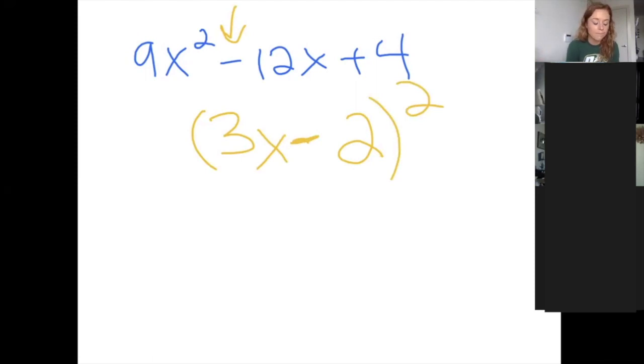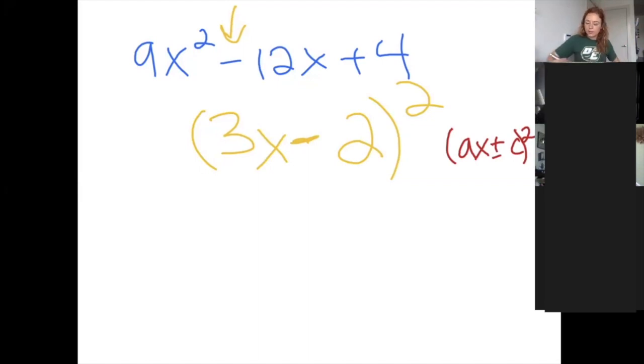So your final answer will always look like ax plus or minus c squared. So the square root of a and the square root of c all squared, and the plus or minus comes from your b term.